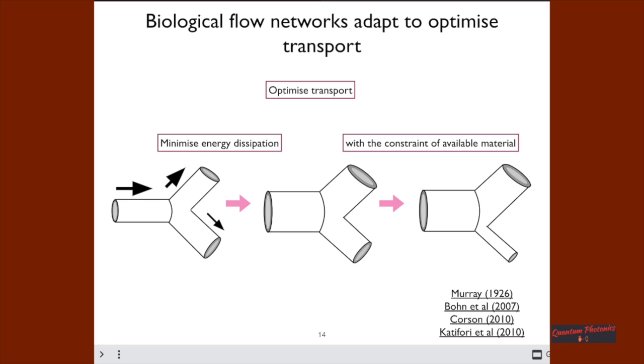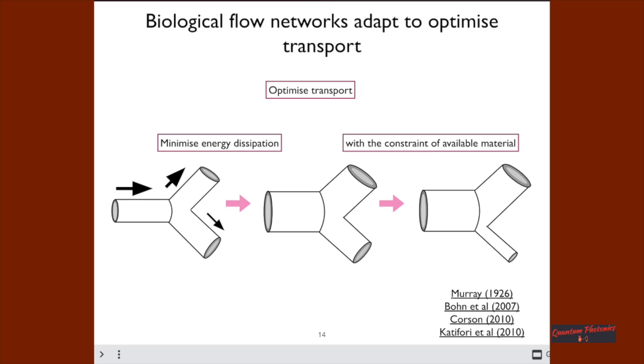But as the amount of material to create these tubes is constant, that will reduce the width, or the radius, of the tube with very little flow, to provide the material to grow the tubes that have a high amount of flow.